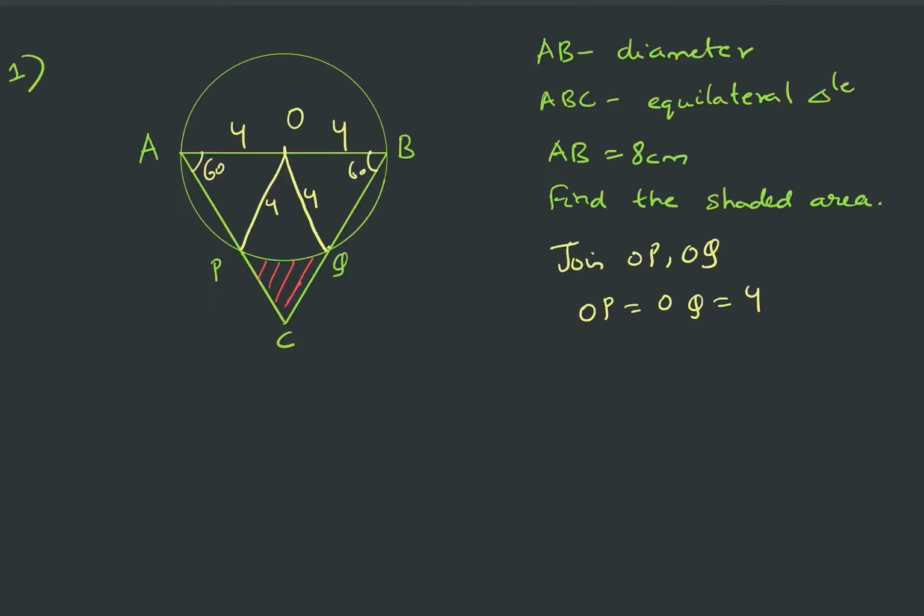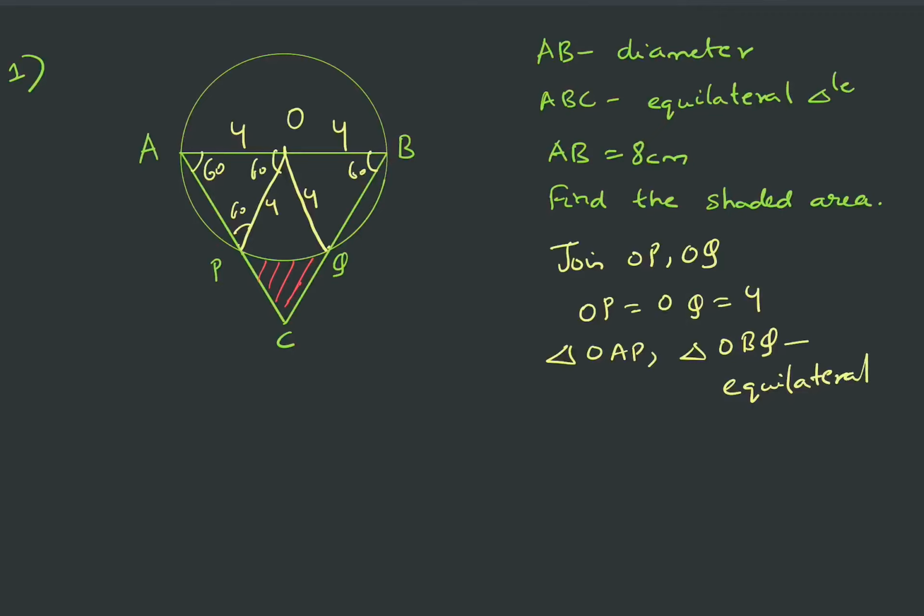And also, you can see that since AO is equal to OP, this angle is also 60, and hence this angle is also 60. So finally we have concluded that triangle OAP and triangle OBQ are also equilateral triangles.